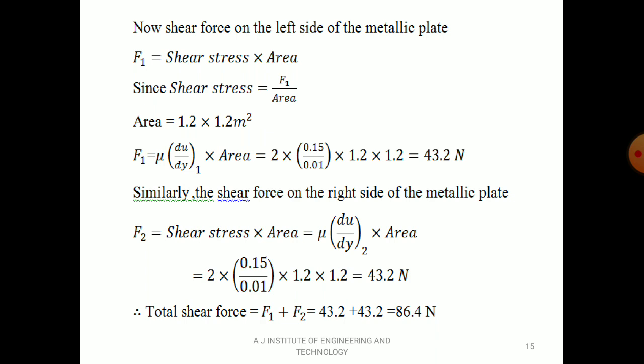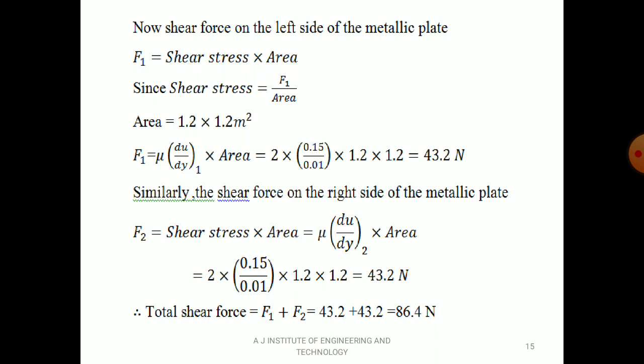So F1 equal to shear stress into area. Because shear stress equal to force by area, that is tau equal to F by A. Similarly, the left side force I have taken as F1. So F1 equal to shear stress into area, just cross multiply. Since shear stress equals F1 divided by area, the area equals 1.2 into 1.2 meter square, that is given in the problem. So F1 equals mu into du by dy at the left side, into area.